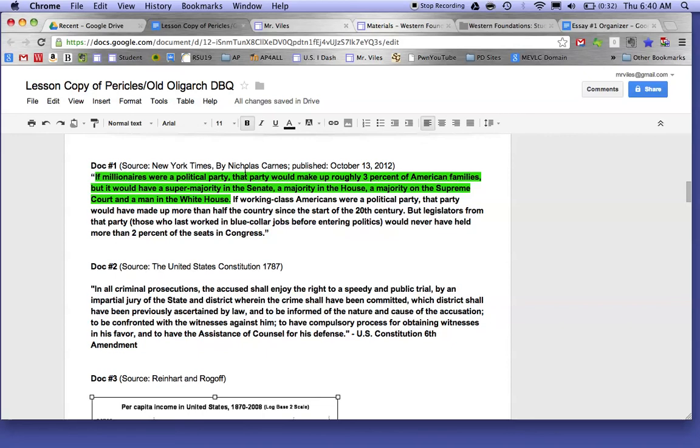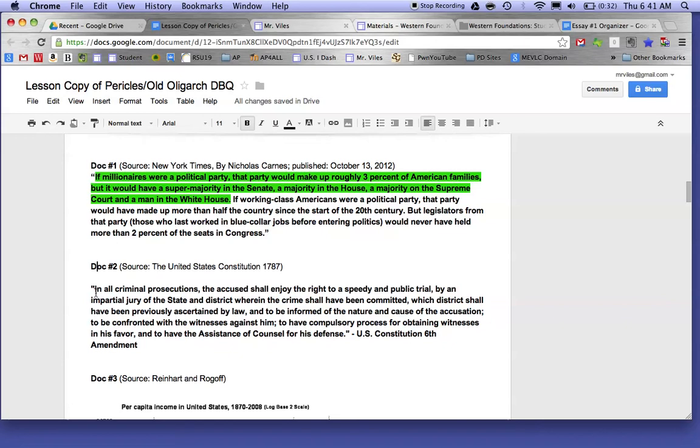For instance, right here, document 2 from the United States Constitution says all people have a right to a speedy public trial, an impartial jury. These seem to suggest that there will be equality before the law, right? An impartial jury in a speedy trial.